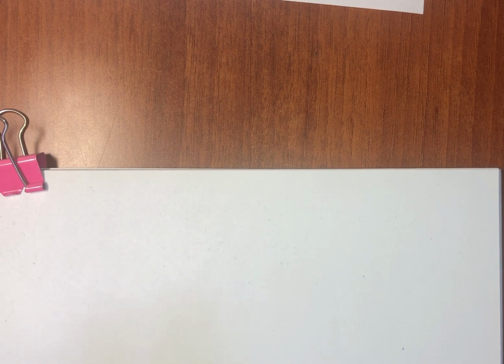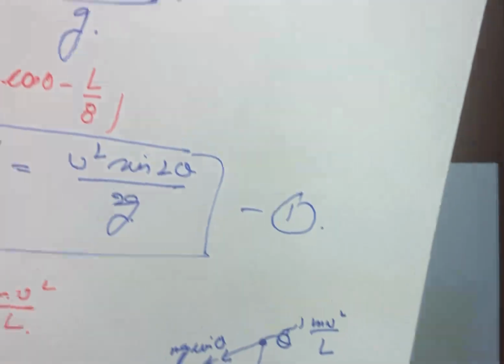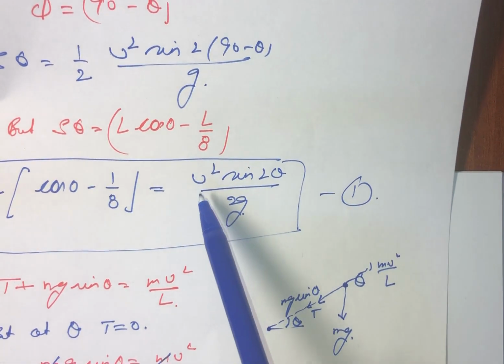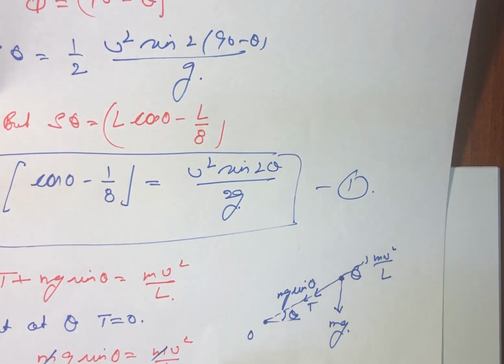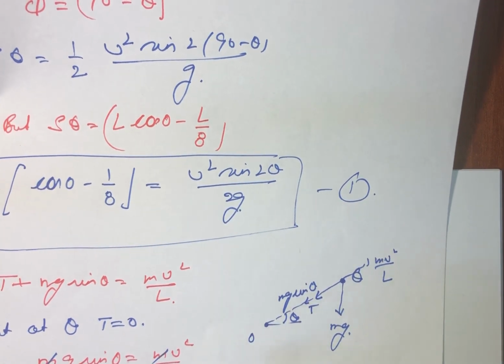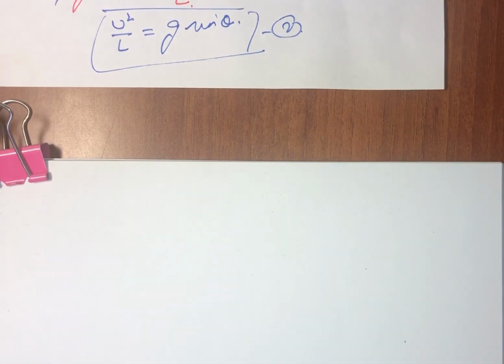So we are going to use equation 1 and 2 and use the value of v square by g from equation 2 and solve it further.